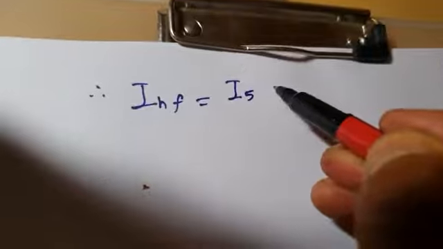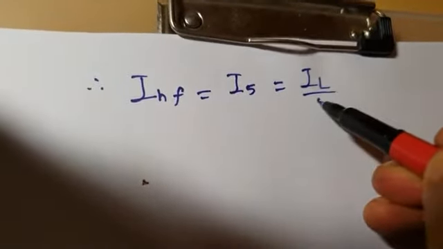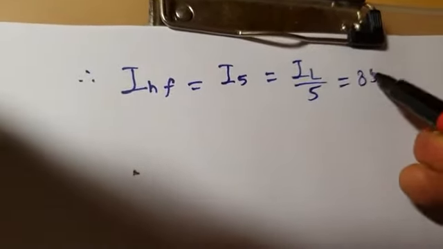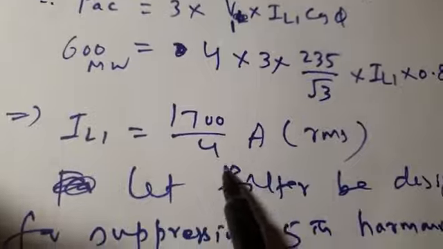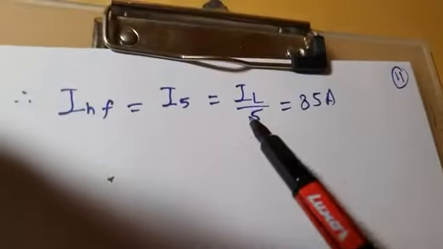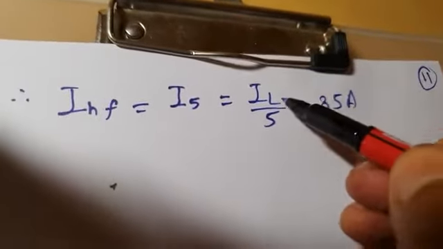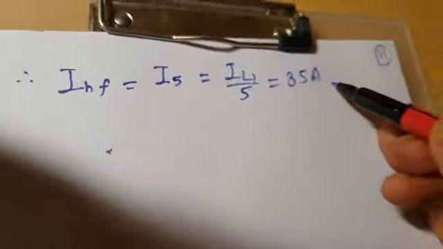So what is the fifth harmonic component of current? IH5, that is I5, is equal to IL1 by 5. That is equal to 85 amperes, because the fundamental component of current, the line current, we already know is 1700 by 4. So the fifth harmonic component of current is IL1 by 5, that is 85 amperes.